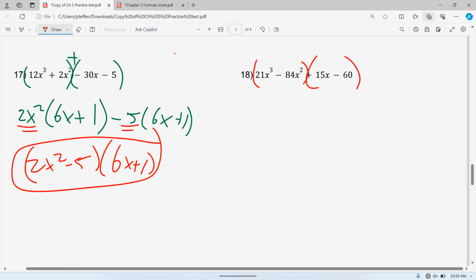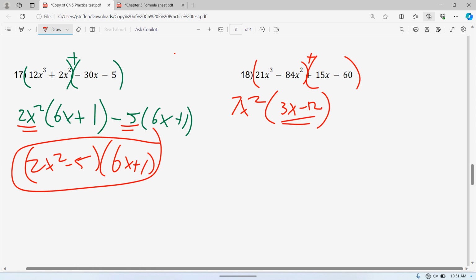First part between 21 and 84. It is. So I can take out a 7x squared, which leaves me with 3x minus 12. So here's something, I don't think you'll have one that's this complicated with these big of numbers, but I took out a 7x squared, which left me with 3x minus 12.